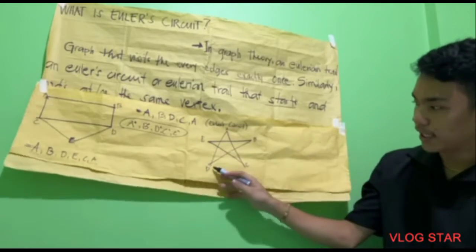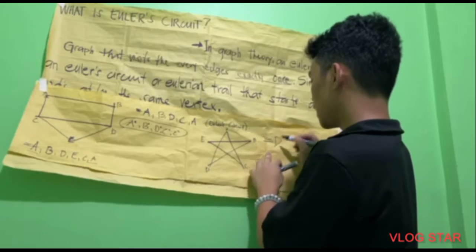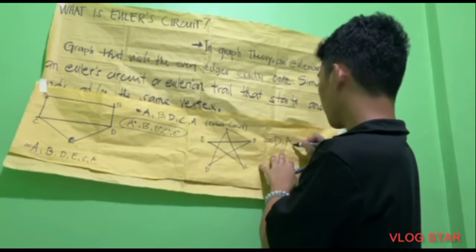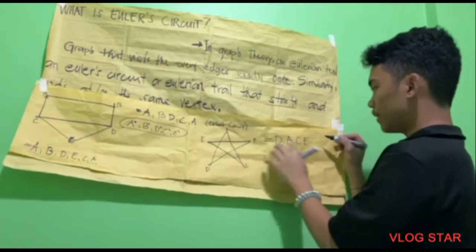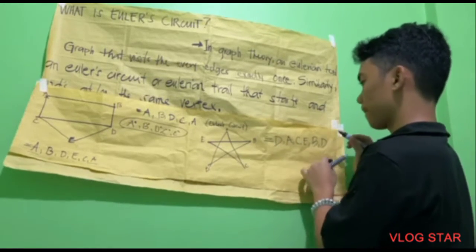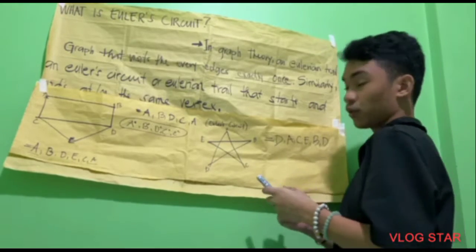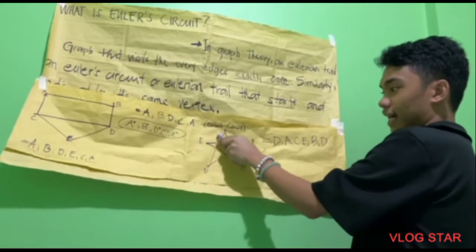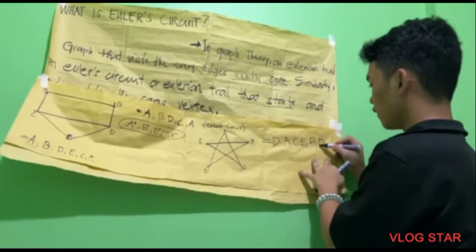I will start here at letter D. So D to A, A to C, C to E, E to B, B to D. As you can see, D is the starting vertex and ends at vertex D.